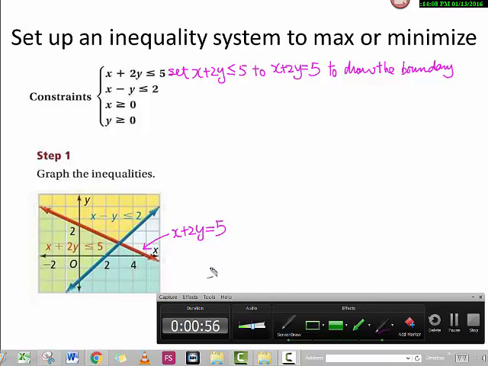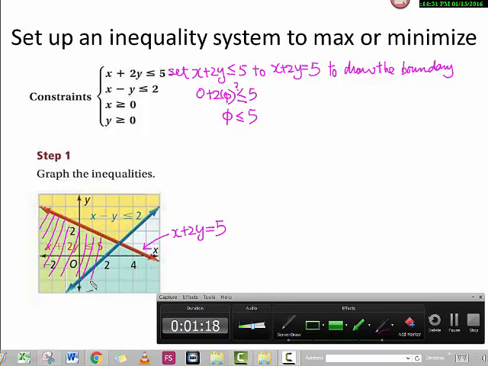The next step, of course, is to find which part, plane A or plane B, we're going to shade. We use the test point 0, 0 to test it. So 0 plus 2 times 0, is it really less than 5? Of course, 0 is less than 5. So we're going to shade this part.